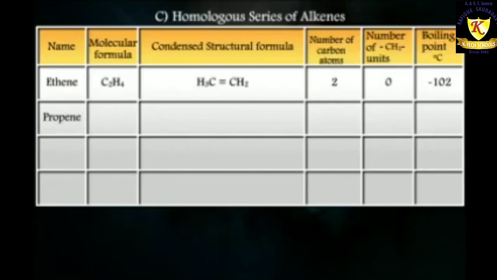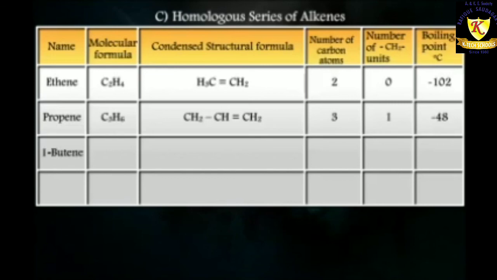Next, propene, C3H6. Condensed structural formula is CH3 CH double bond CH2. Number of carbon atoms 3. CH2 units we have 1 with a boiling point minus 48.